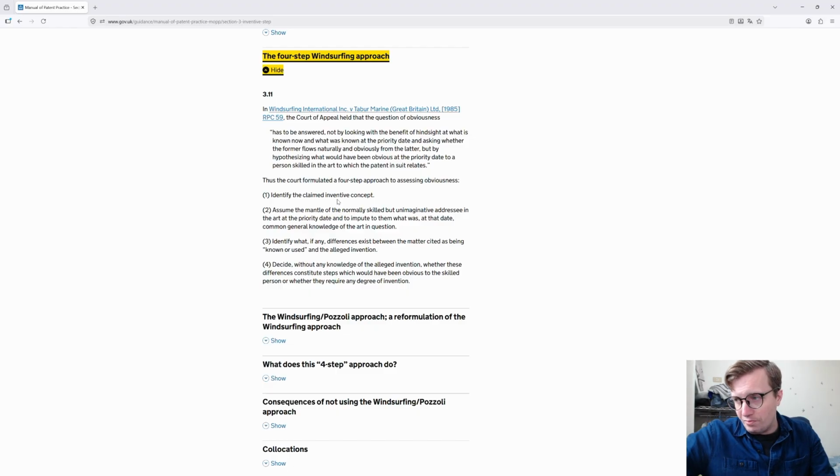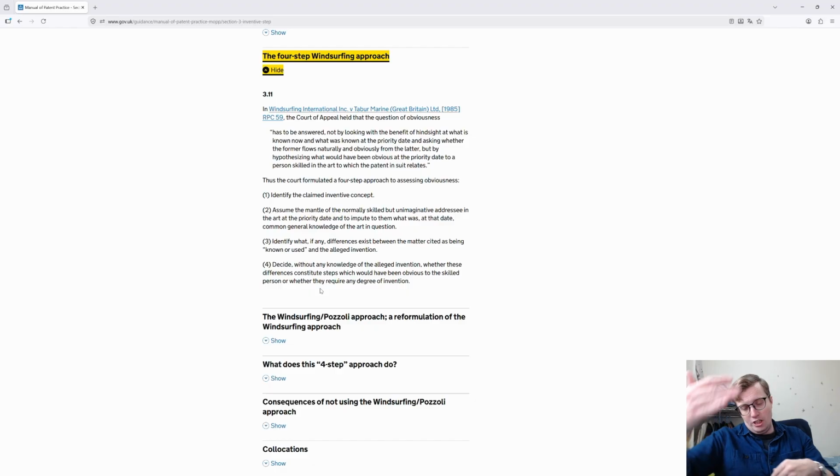Then identify what, if any, differences exist between the matter cited as being known or used and the alleged invention, and then decide without any knowledge of the alleged invention whether these differences constitute steps which would have been obvious to the skilled person or whether they require any degree of invention.